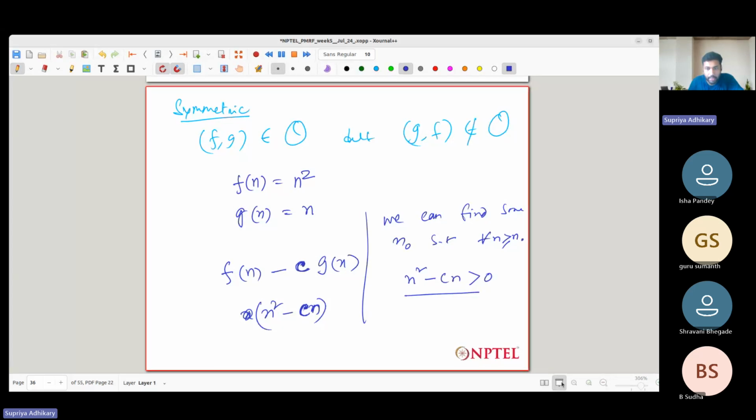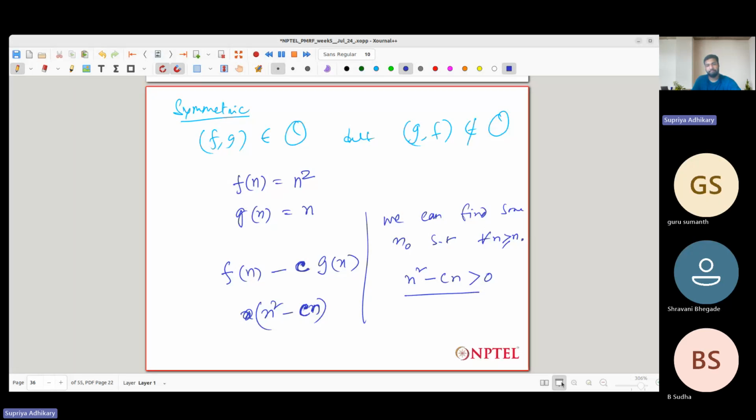Only if we take n0 to be the number c. The c can be any constant, even a real number. So let's say that n0 is not c, but rather the smallest possible integer which is greater than c.